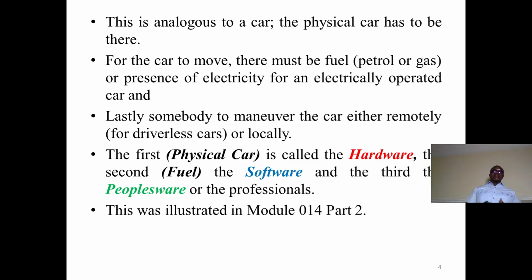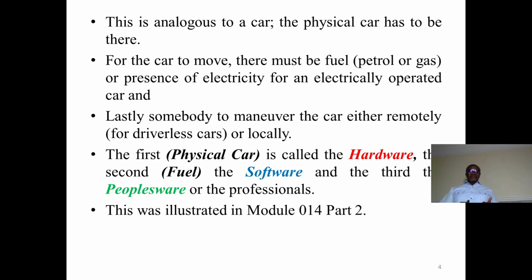We say that this is analogous to a car. The physical car has to be there. For the car to move, there must be fuel, petrol or gas, or presence of electricity for an electrically operated car. And lastly, somebody has to be there to maneuver the car either remotely for driverless cars or locally.